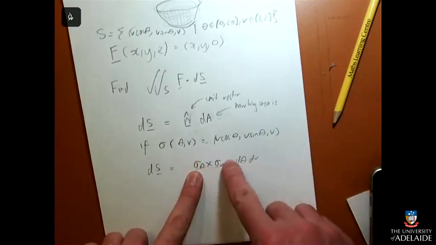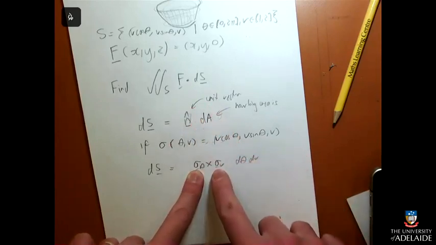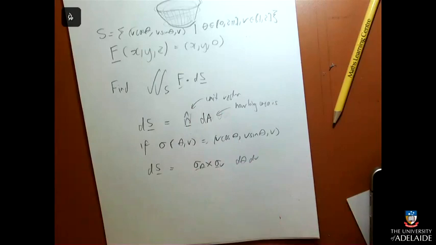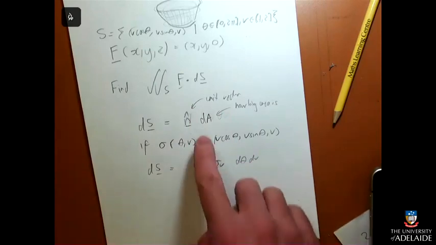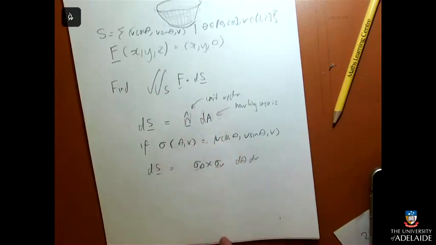It includes both the n hat and the size part of the dA. So in essence, I think the dA ends up being some sort of Jacobian thing with a d theta dv. In the end, this is what I know. If you know what the n hat is, technically the n hat is this divided by its length.